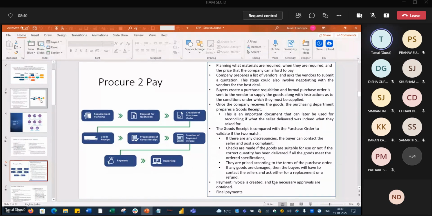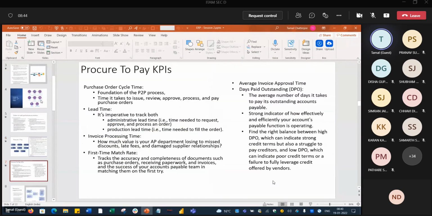Here also we have some KPIs through which we measure the success of the P2P cycle implementation. One good measure is days payable outstanding. DPO is the average number of days it takes to pay the outstanding amount.